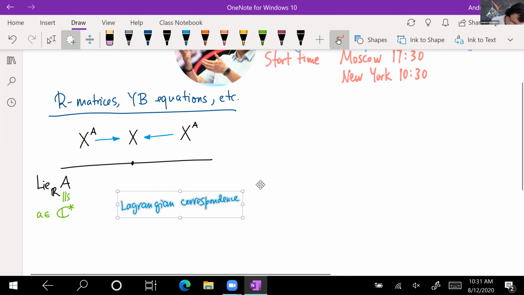The stable envelope is shifted. There's some shift of variables here, and that shift of variables is explicitly written here because we go to a source. We label stable envelopes by the target where we want to end, and here the target is explicitly shifted by exactly this amount.